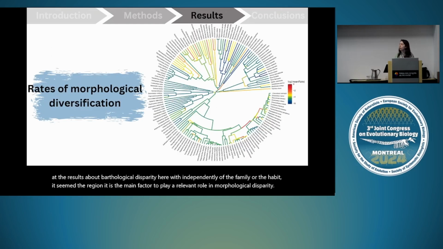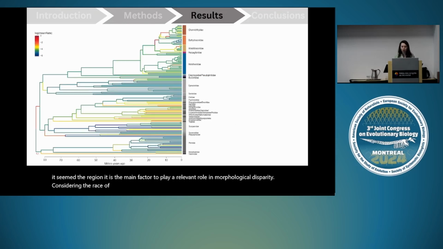Considering the rates of morphological diversification, we can observe fast rates of skull shape evolution in both notothenioids and other perciforms. Above in the tree, we have the families belonging to notothenioids, and this second huge yellow-red group are other families of perciforms.